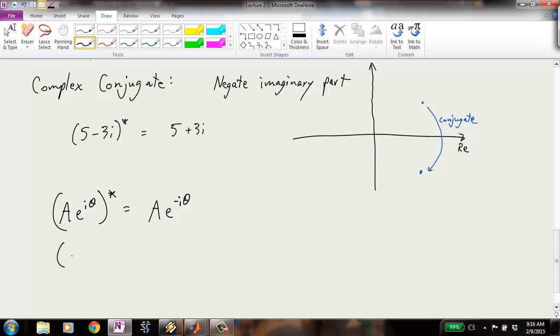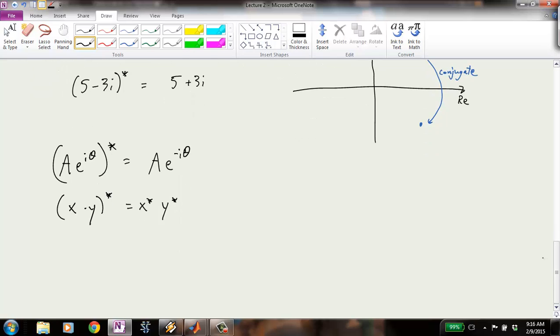For products, if you have any complex numbers x times y and you conjugate them, you just conjugate each one and multiply. And if you have an exponent with a real base like e to the x, where x might be complex, and you conjugate this whole thing, that's also just e to the x conjugate. So that's nice. Don't confuse my stars and my x's.